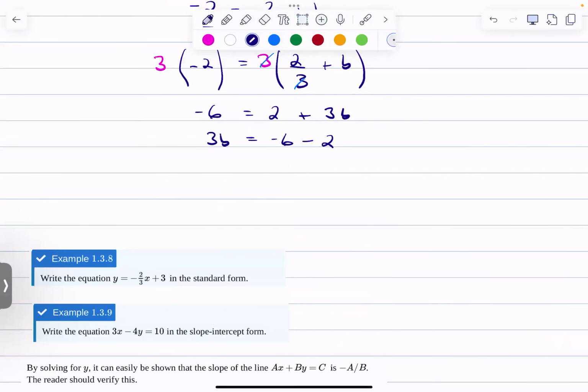So now I have 3b is equal to -8, which means that b is -8 divided by 3. Right? Like I said, it was only temporary relief from the fractions, but it's better than nothing, right? It's better than working with the fractions.